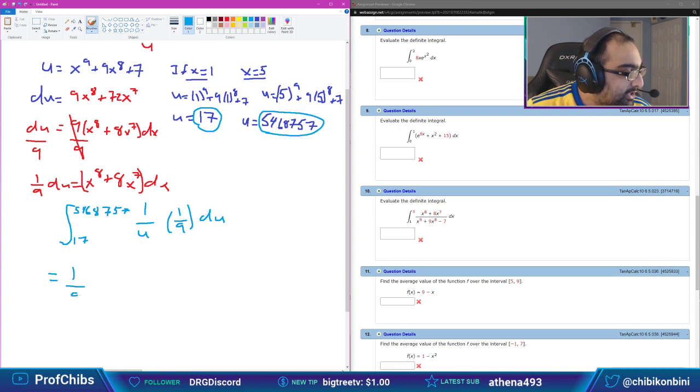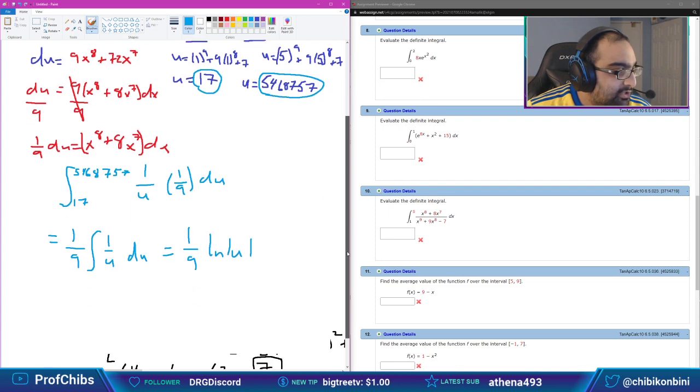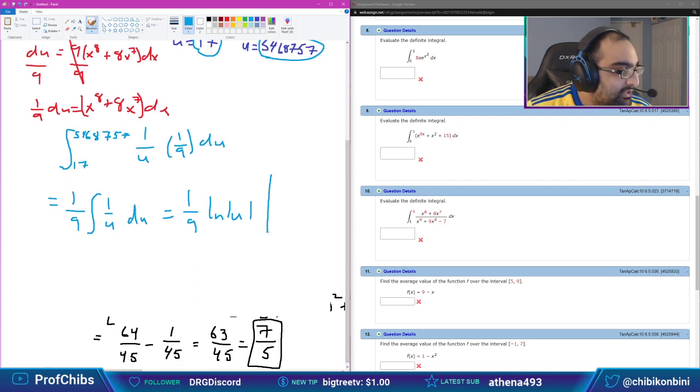I'm going to put 1/9 here, the integral of 1 over u du, which we already know is 1/9 times the natural log of the absolute value of u. Let's plug in our u values, evaluating from 17 to 5.4 million.